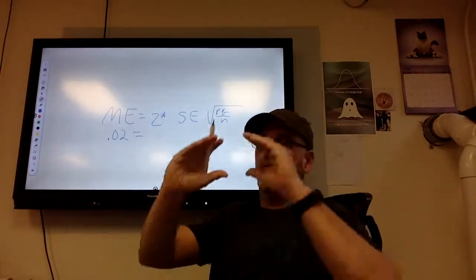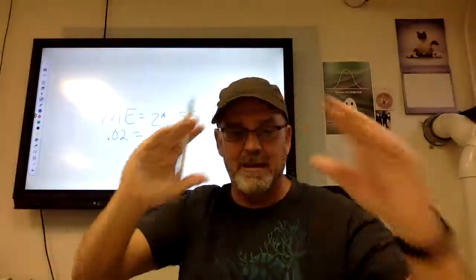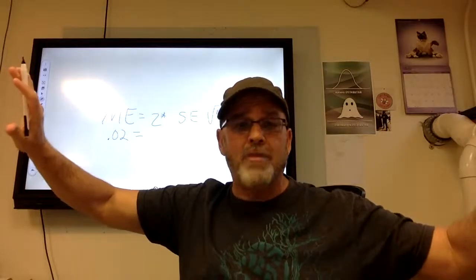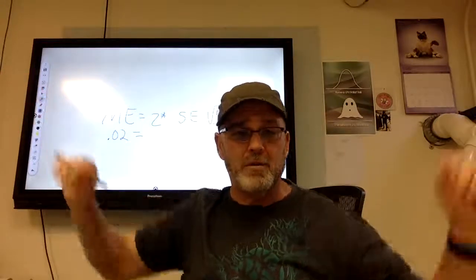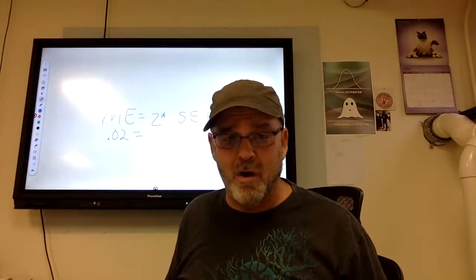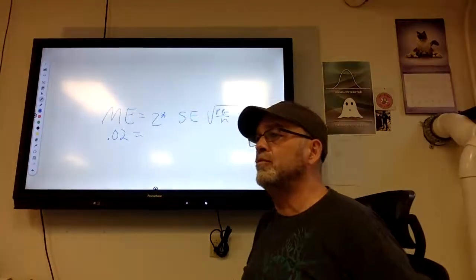For z star, 95% confidence. Remember, I'll get the old normal model out here. If it's 95% in, it's 5% on the outside, and we want the 5% broken into 2.5%, so 0.025.